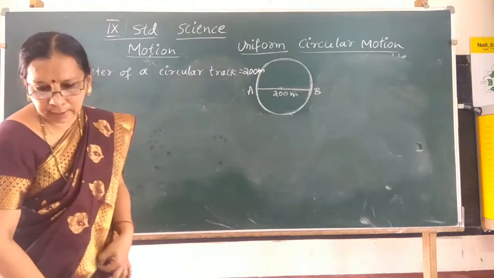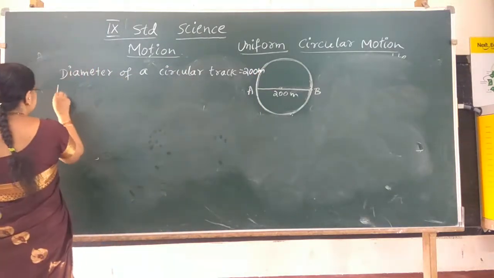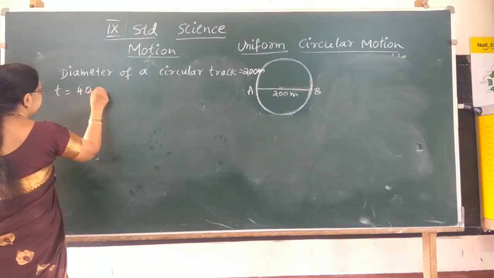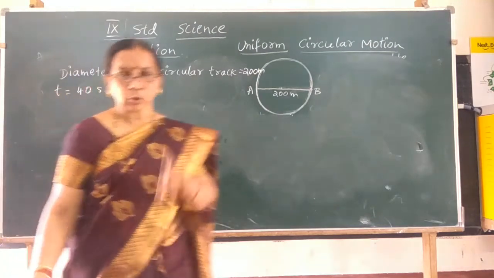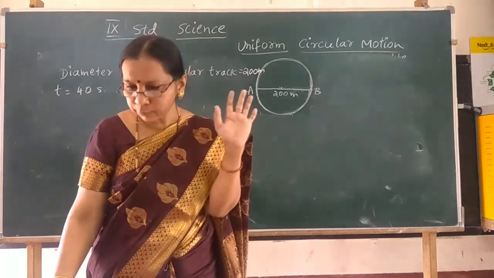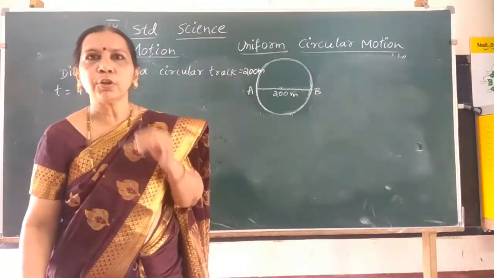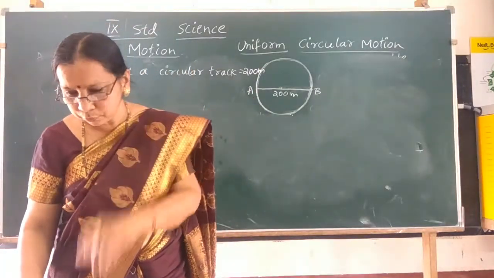And time t is given, t is equal to 40 seconds. To complete one round, the athlete takes 40 seconds.